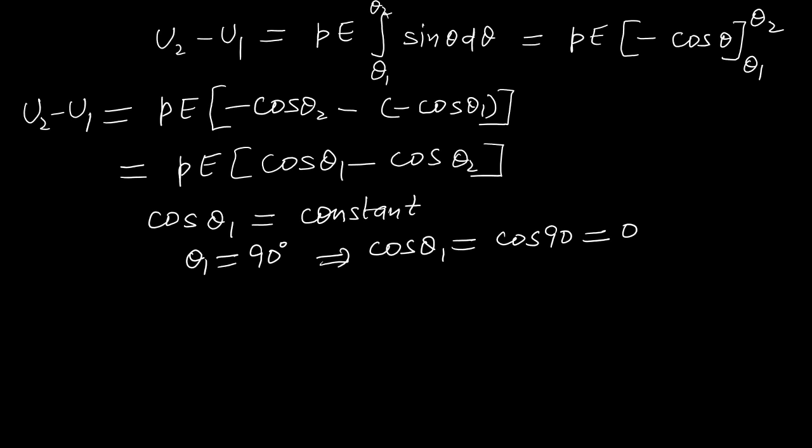So initial position will be 0. So initial energy, potential energy u1 becomes 0 at theta 1 equals to 90 degree, and this is the reference potential energy in this system.